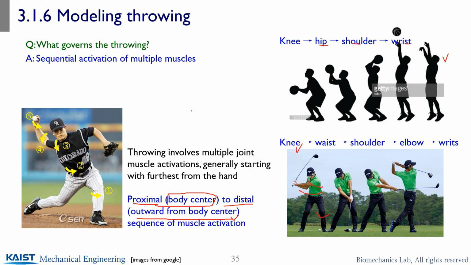So what we could then ask is a question, using human motion analysis technology, to understand this sequential activation. Often, I think the most important step for good research is to ask a good question, right?